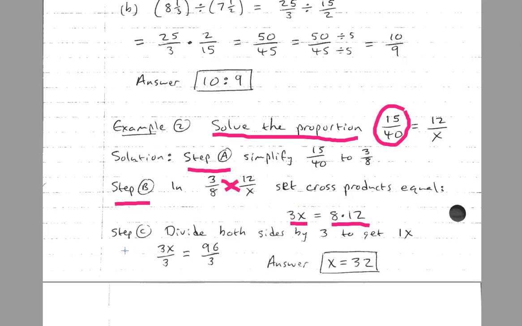Step C, the last step, we're looking for 1x, so divide both sides of this equation by 3. So if 3 times x is 96, divide both sides by 3, so 1x has to be 32.